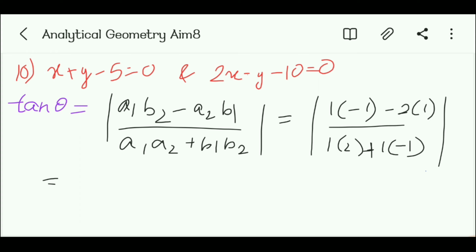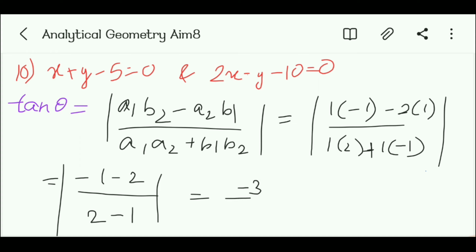So 1 into minus 1 is minus 1, minus 2 into 1 is 2, so minus 1 minus 2 is equal to minus 3, right? That one I will write in the next step. 1 into 2 is 2 plus 1 into minus 1 is minus 1. Now minus 3 divided by 2 minus 1 is 1, which is nothing but 3. So what is the value of tan theta here?